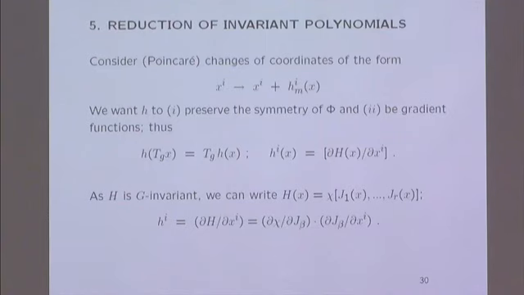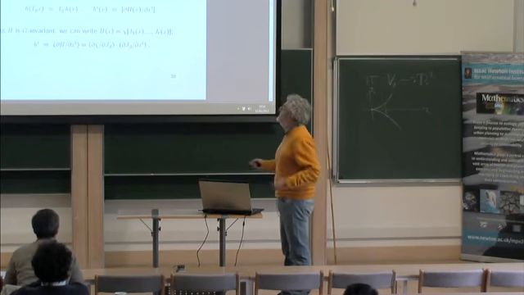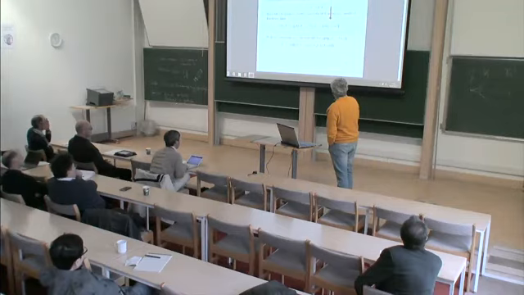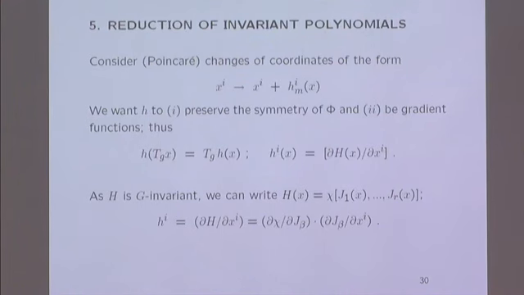Now, what should I do if I want to reduce an invariant polynomial? What I mean by reduce is to kill some of the coefficients, so I have fewer coefficients to control. Well, I remember my old Poincare, and I make changes of variables which are identity plus a homogeneous part. Okay, but this change of variables should not be arbitrary.